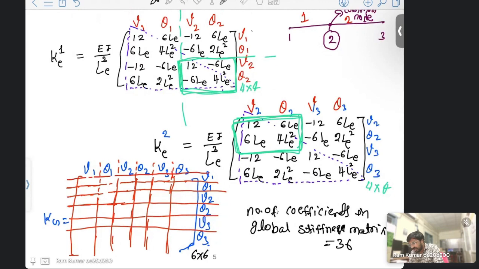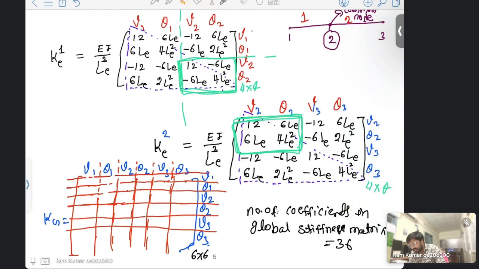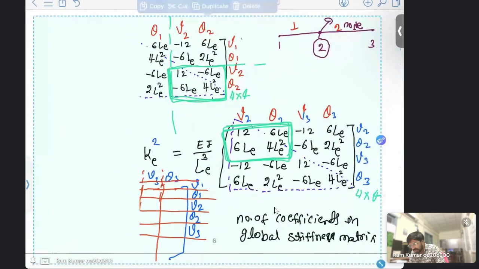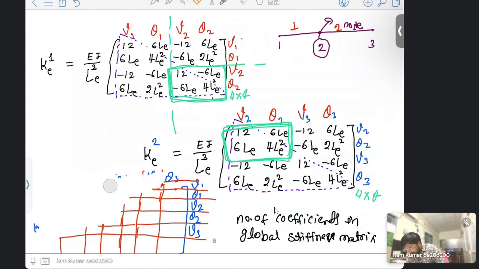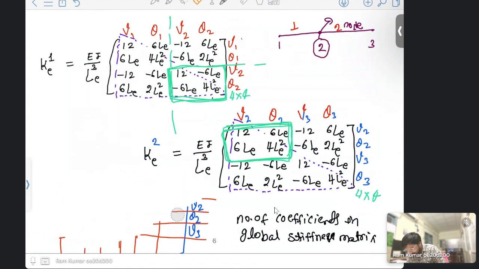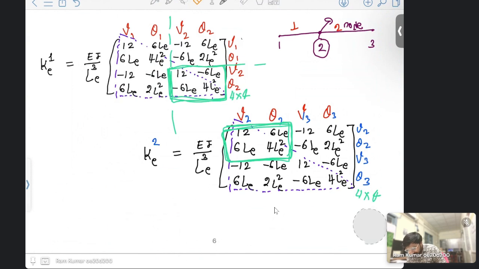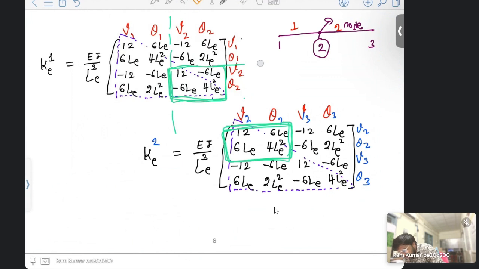I will copy all these things, paste here, then delete this one, this one also, these things also I will delete.